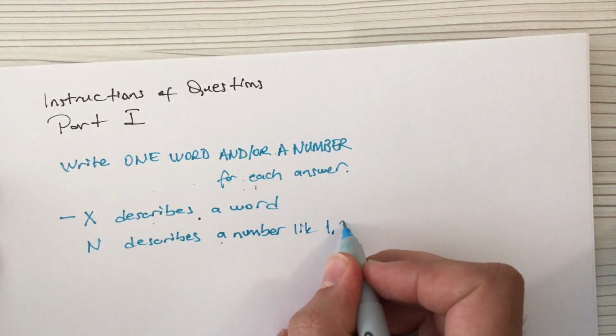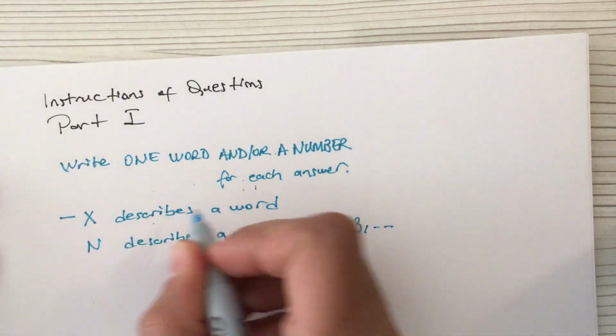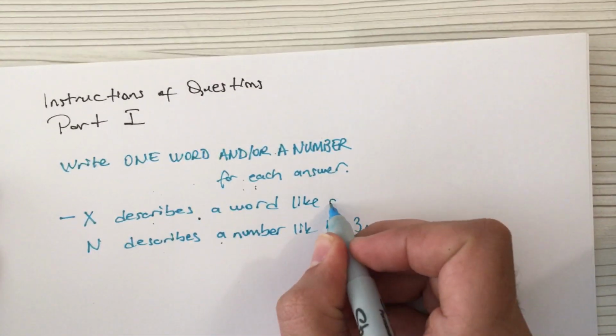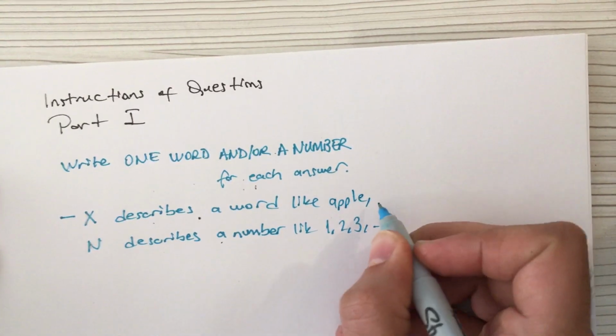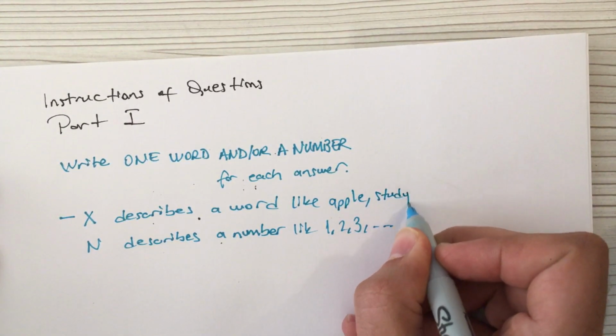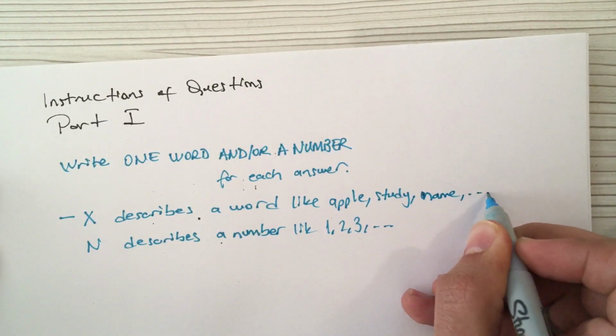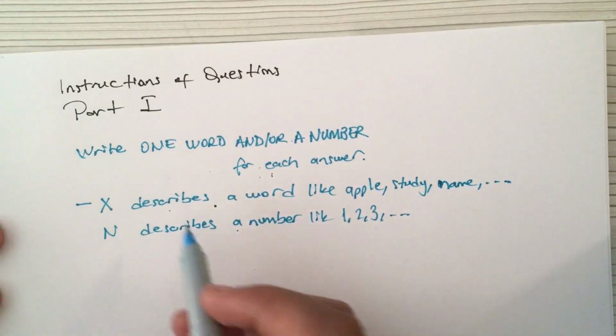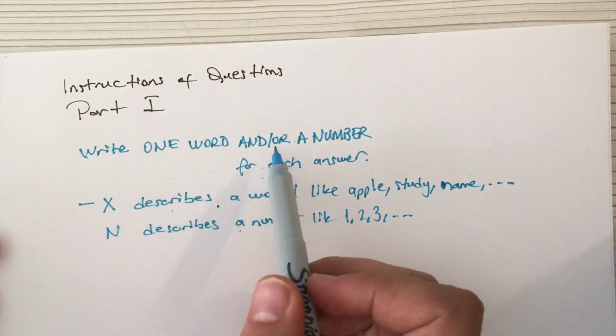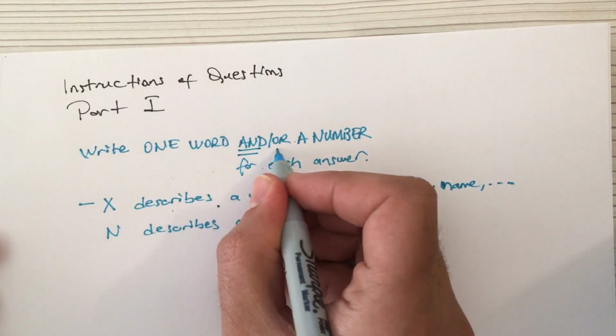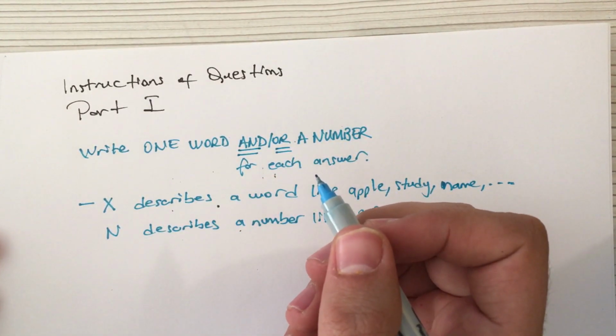Like 1, 2, 3, like apple, study, or a name. Okay, write one word and or a number for each answer.